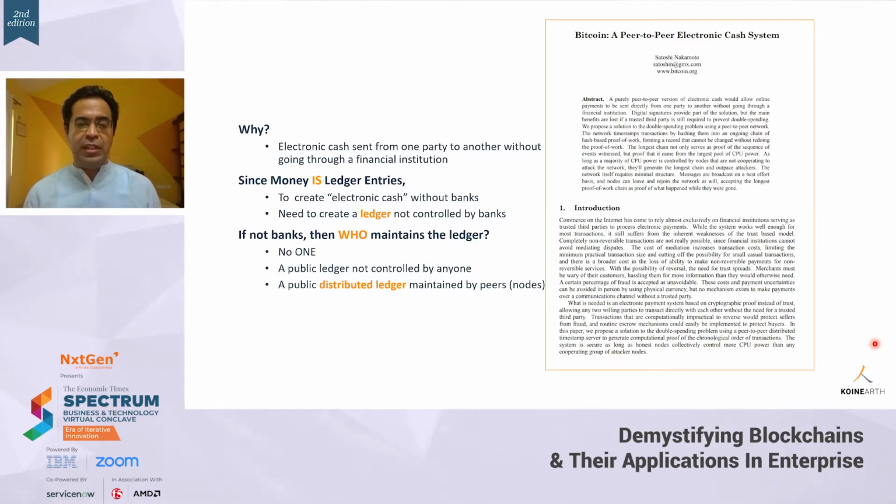Another way of saying it, multiple entities should simultaneously be responsible for maintaining this ledger. And it was this thing that they created, a public ledger which was not controlled by anyone, but was maintained jointly by a bunch of peers or nodes. And this distributed ledger came to be known as blockchain.